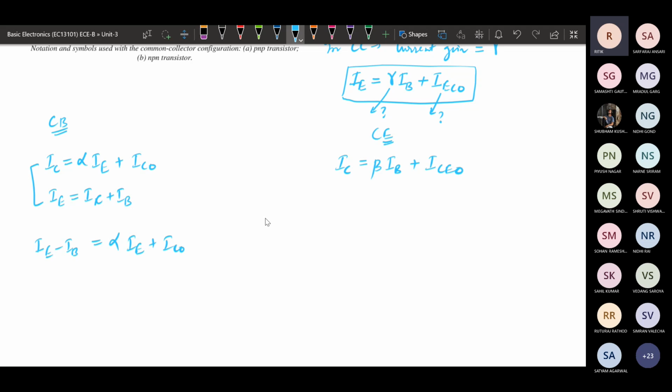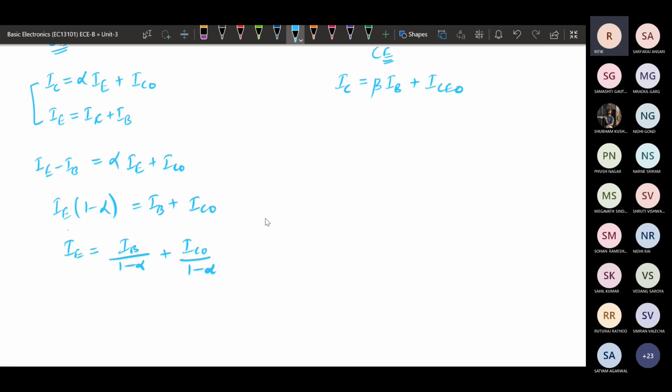Okay, so we proceed like this: IE times 1 minus alpha is equal to IB plus ICO, or IE is equal to IB divided by 1 minus alpha plus ICO divided by 1 minus alpha. This we have derived from the common base configuration.